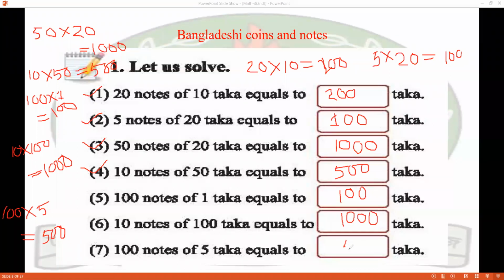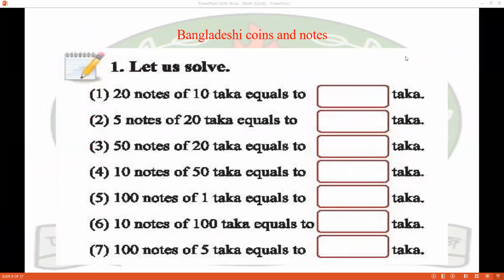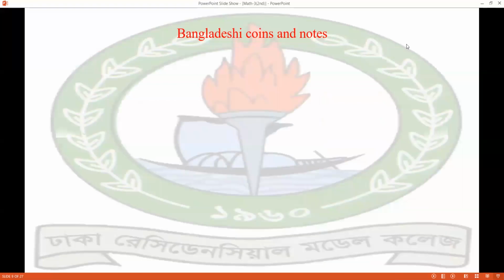So we write here 100 notes of 5 taka is equal to 500 taka. By this way, we can solve these types of math easily. So next problem.